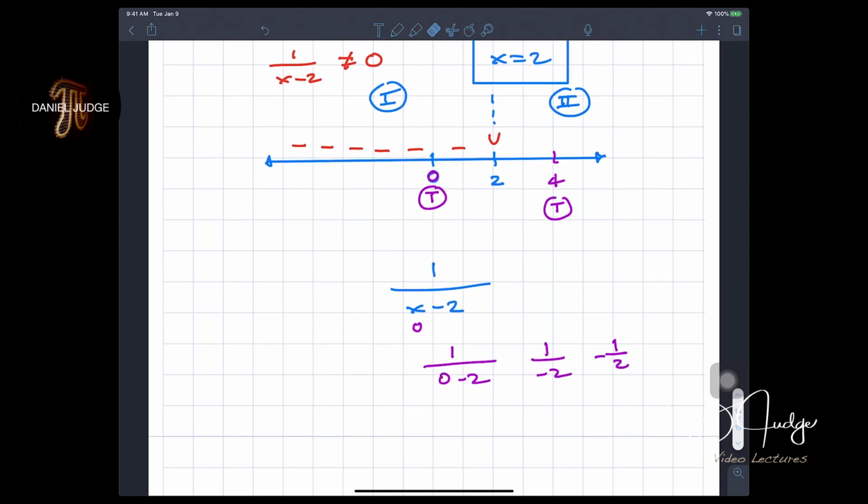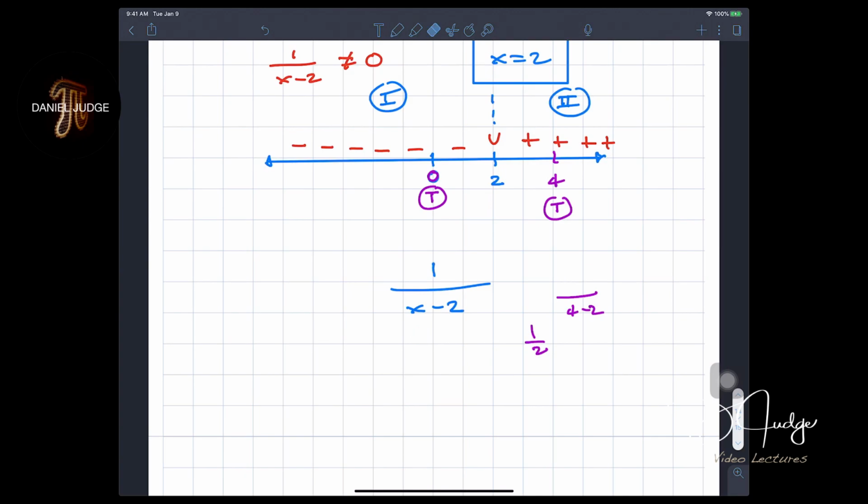So you do have to test it in the next region. We're going to plug in for the test value of 4. So I have 1 over 4 minus 2, which is 1/2. And sure enough, that region is the opposite. It's positive here. So we have all the signs for the region. Okay, good.